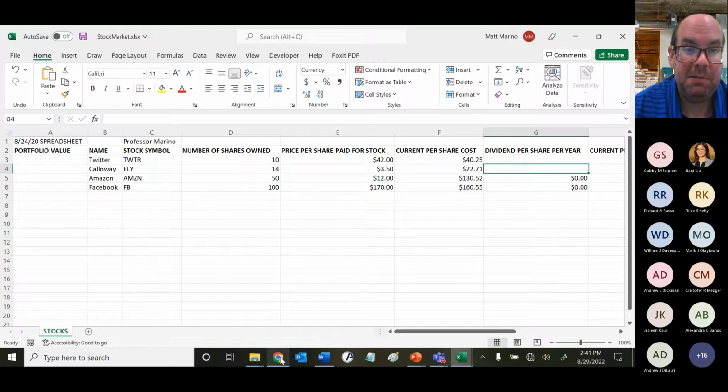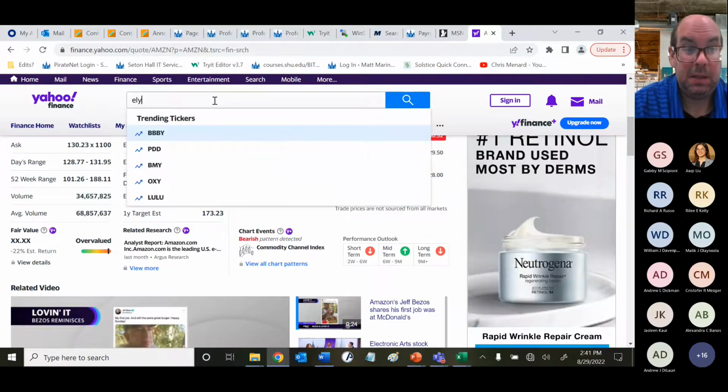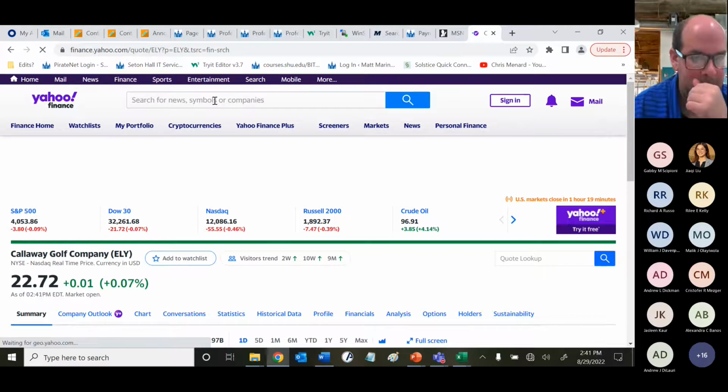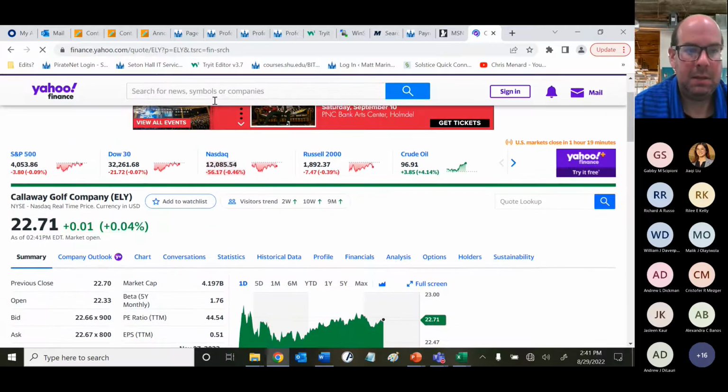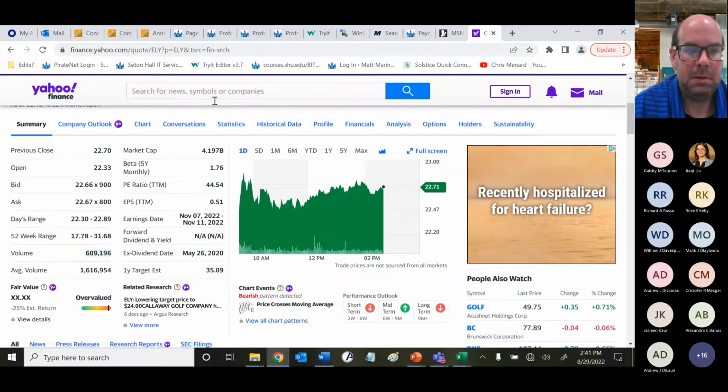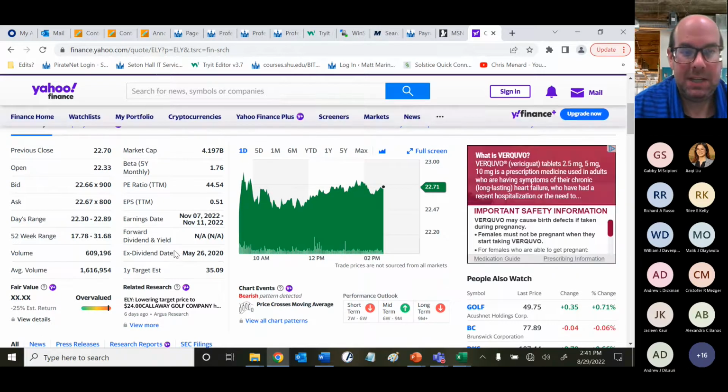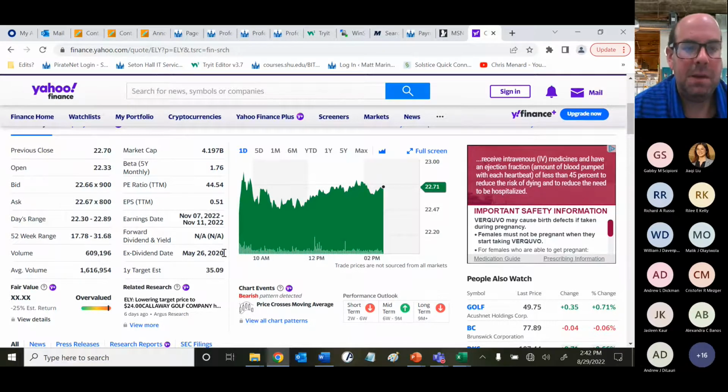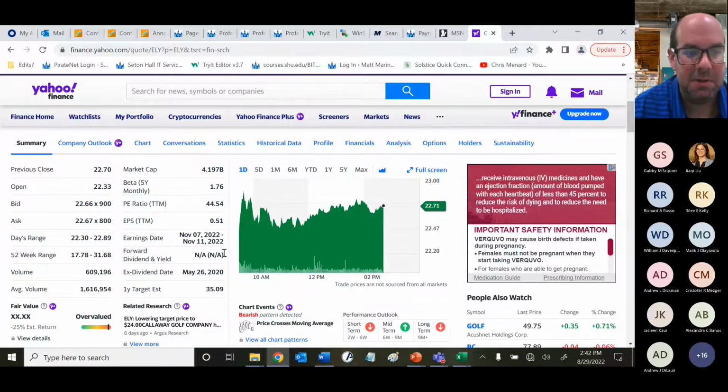So now we look for Callaway. As I can tell you specifically, they used to do dividends. I think they were about 10 cents per share. But due to COVID, they were losing money and decided to not do dividends anymore.